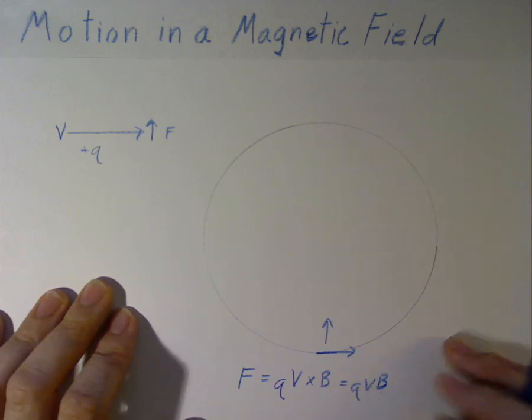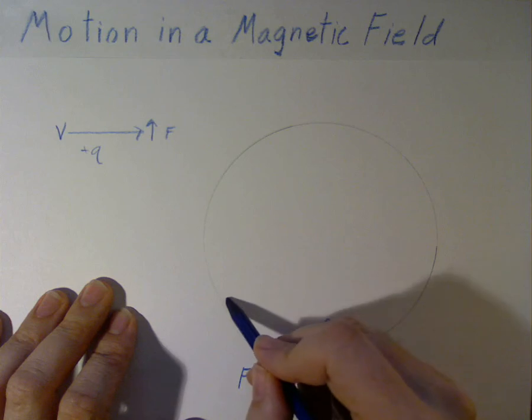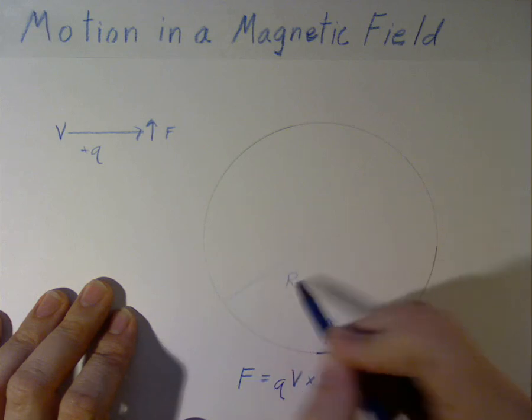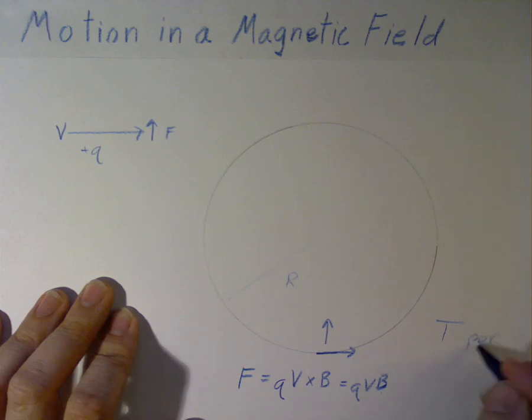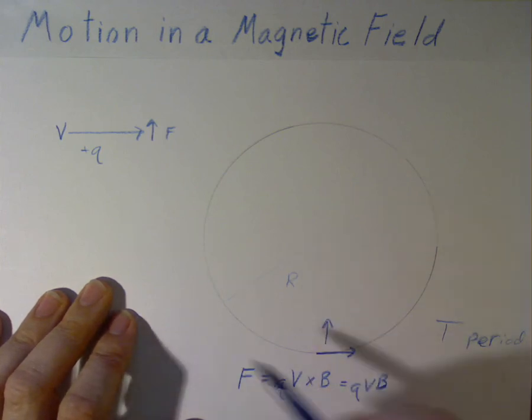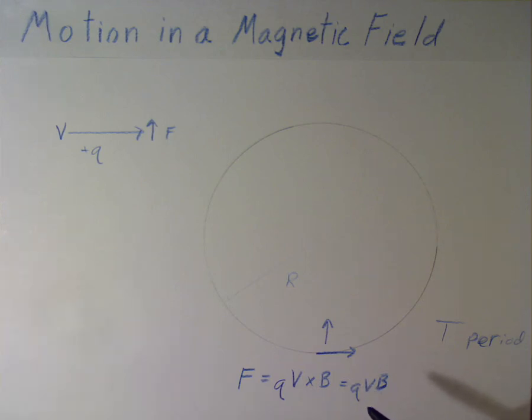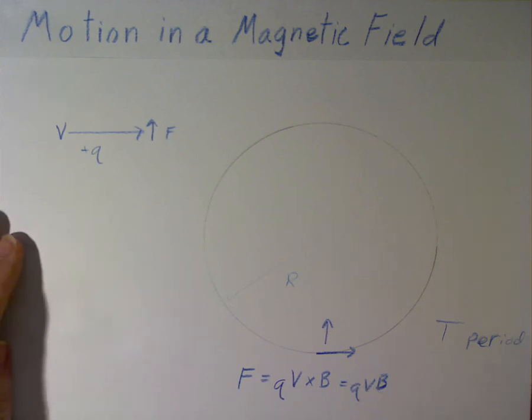Now, if we want to find out what the radius of this is, and how long it takes for it to go around, that's called the period, then we can solve for that. This is actually a very common situation in nature, which makes this a very useful problem to solve.